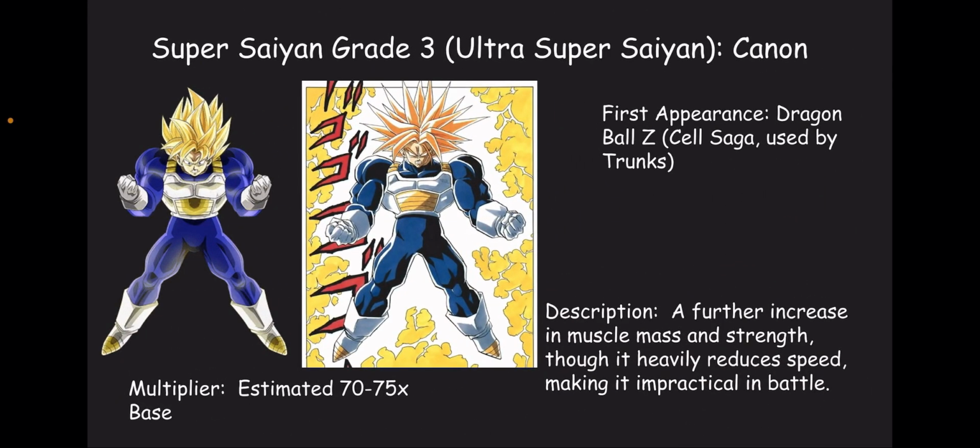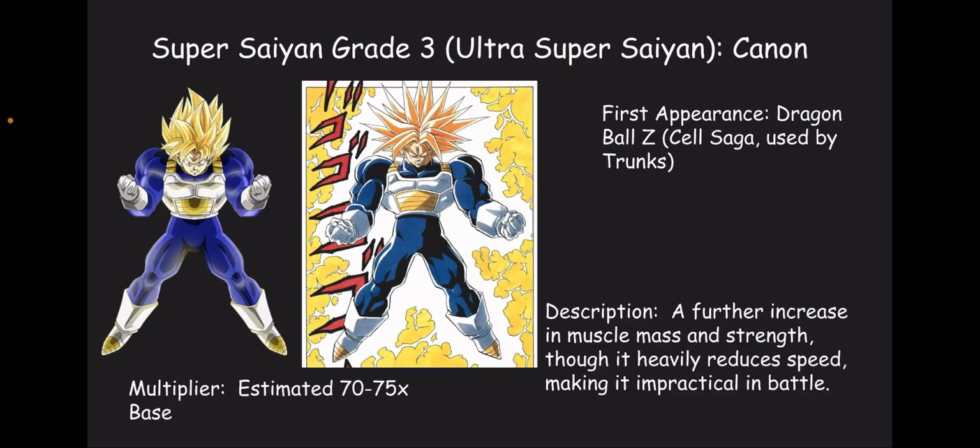We have Super Saiyan Grade 3, also known as Ultra Super Saiyan. This is far more powerful, so I put it at 70 to 75. I know some people say it's a lot stronger than that, it's closer to Super Saiyan 2, but I feel like that wouldn't really make sense. Because it's also weaker than Perfect Cell, and Super Saiyan 2 was able to contend against Perfect Cell, I mean, sorry.